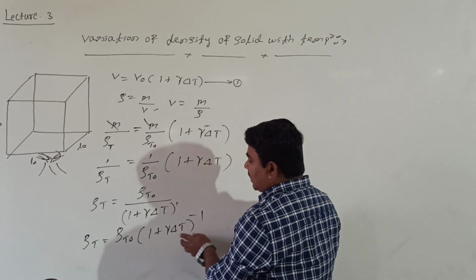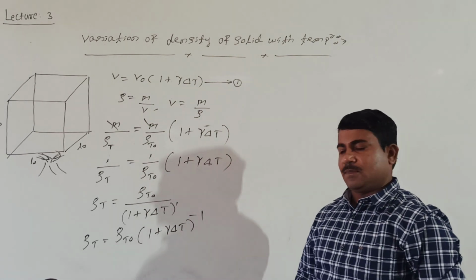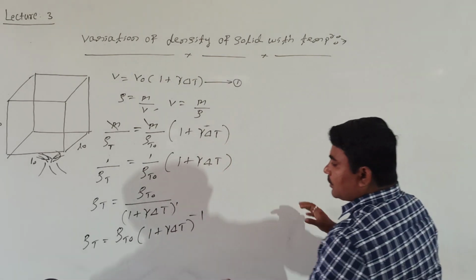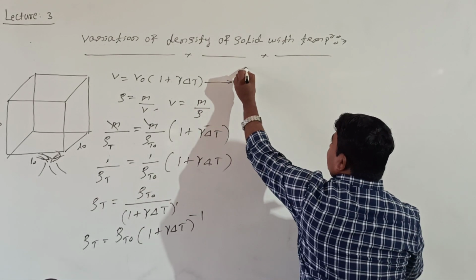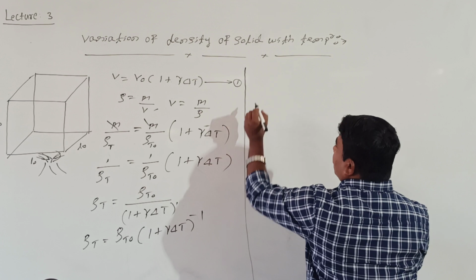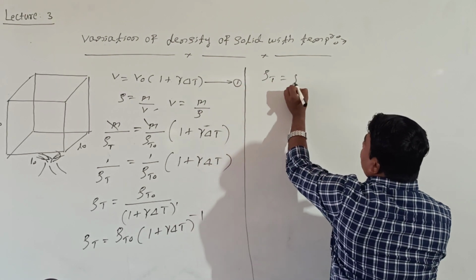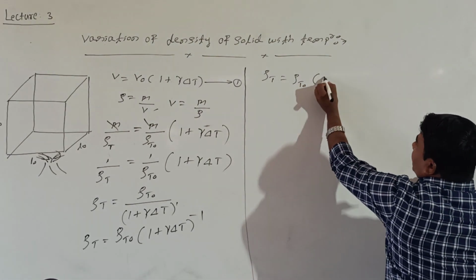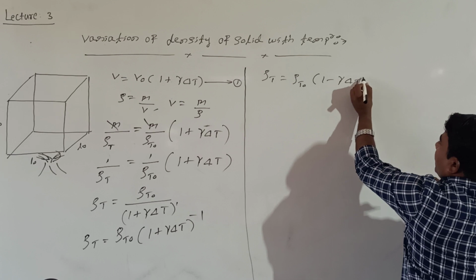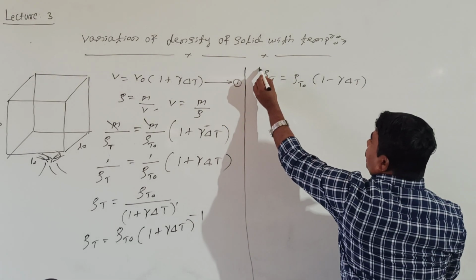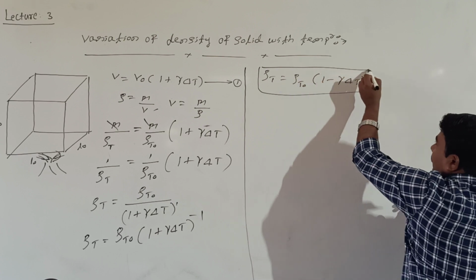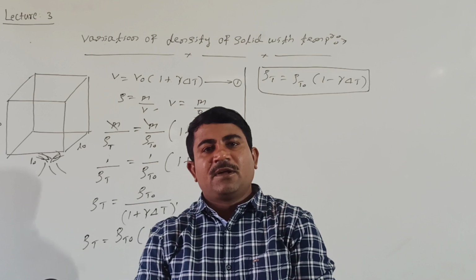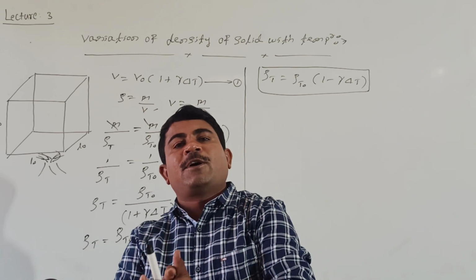Expand this 1 plus gamma delta T raised to minus 1 by binomial theorem. Gamma is very small, so by binomial theorem this equation becomes: density at temperature T equal to density at T naught into bracket 1 minus gamma into delta T. When heat is provided, density of the solid changes as a function of temperature.